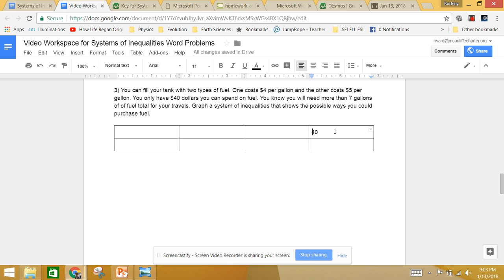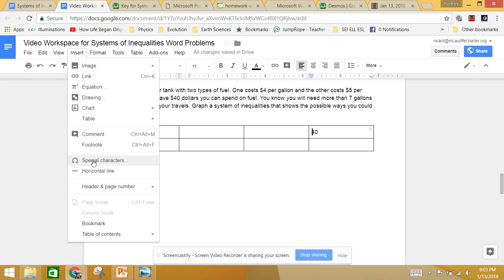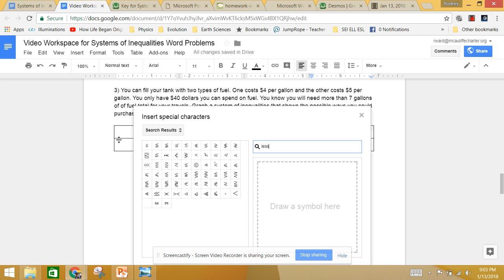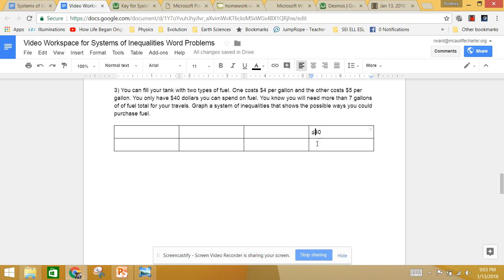So this means I have a less than or equal to inequality here. I've got the inequality symbol I need. Less than or equal to $40. I'll go ahead and put the dollar symbol in there to make sense. So this is the money inequality that I will be doing.